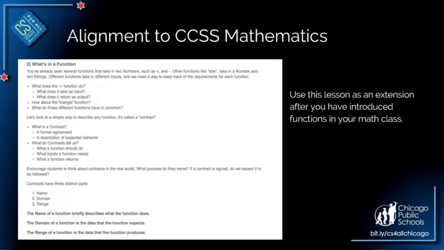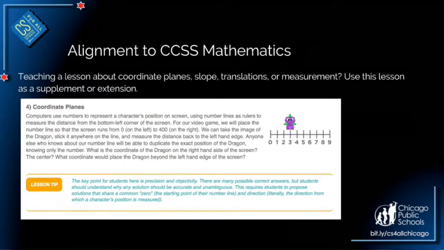What does it do when you program it? How does that language translate into something that I can actually see happen? And this is a really nice lesson because you do take the name, domain, and range, and you produce something from it with the use of a contract. And also the coordinate plane.